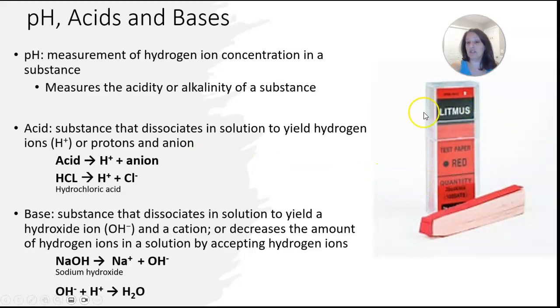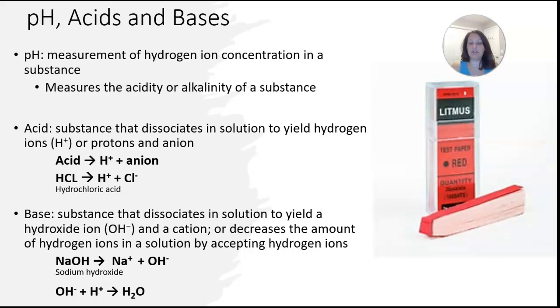Maybe you've used this before. Litmus paper is used in the lab, again, to measure pH. We've got other technology as well that we can use, but this is paper that you just dip into a solution and it will change color based on whether it's a basic alkaline solution, an acidic solution, or neutral. Okay.